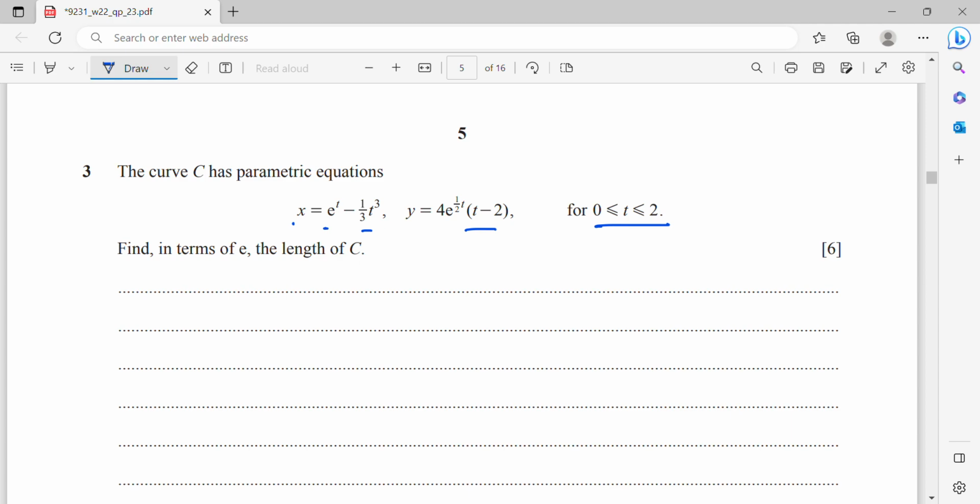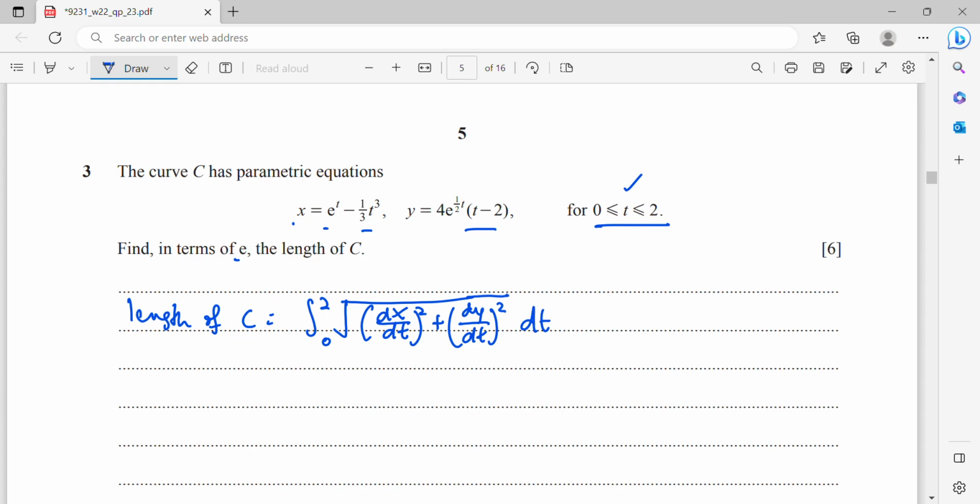Now, find in terms of e the length of C. To find the length of C, the formula is the integral from 0 to 2, because t is from 0 to 2, of the square root of (dx/dt) squared plus (dy/dt) squared, dt. Okay, this is the formula.